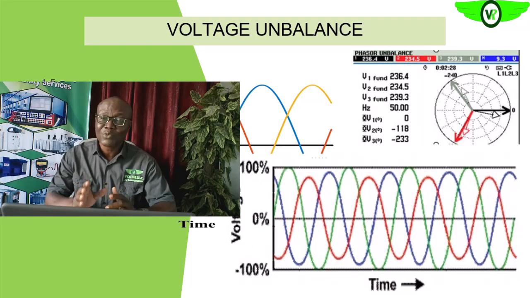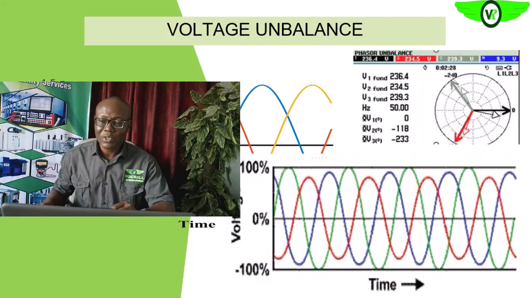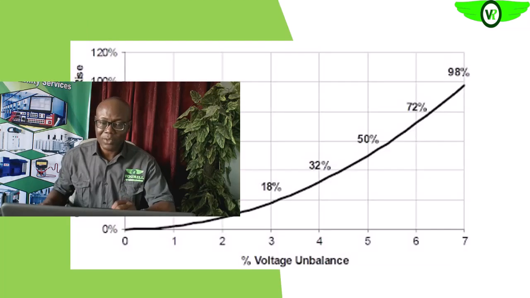Anything above 2.5% is unacceptable, because the effect on the electric motor itself will be very catastrophic, and it can lead to system downtime or frequent failure.